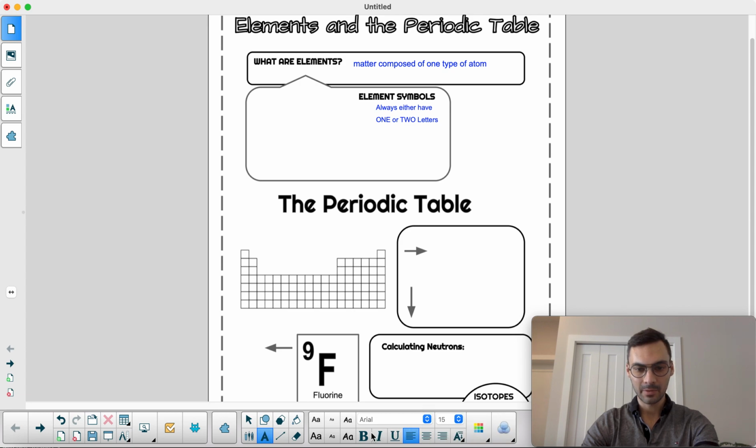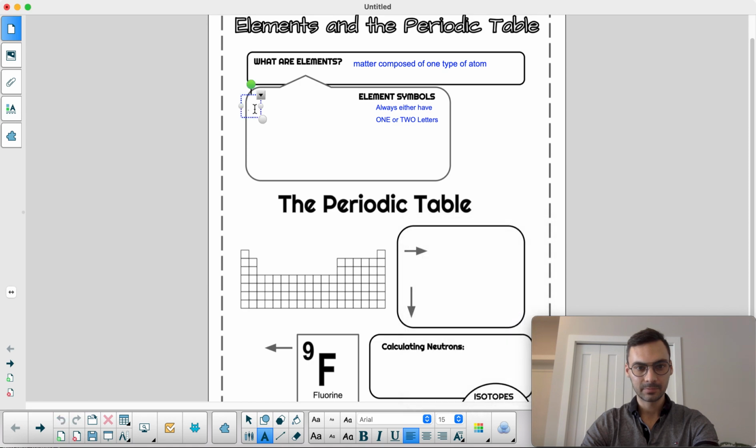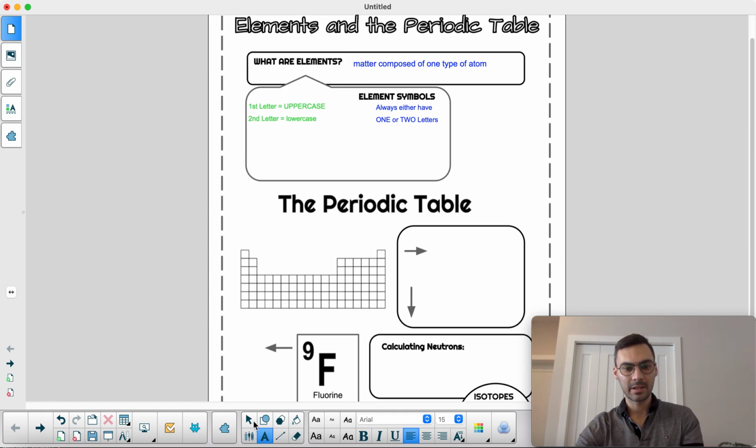And that's what we're going to put right over here: the first letter is always uppercase, and the second letter always lowercase.